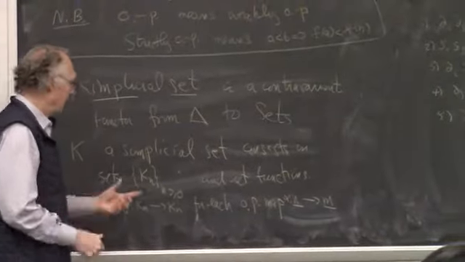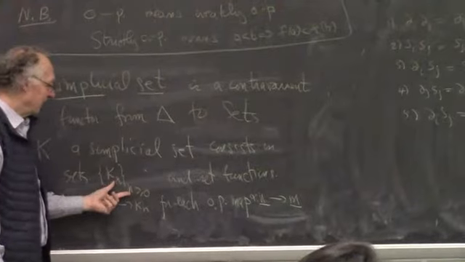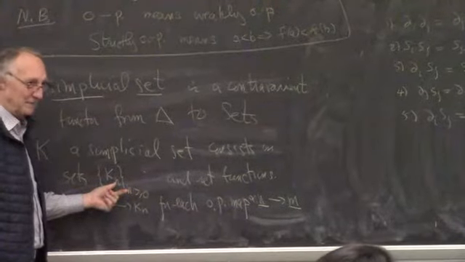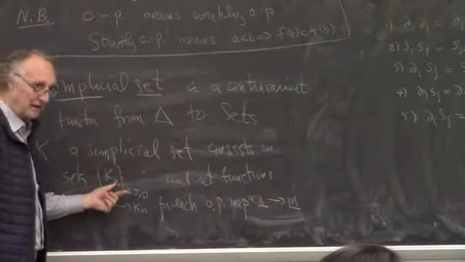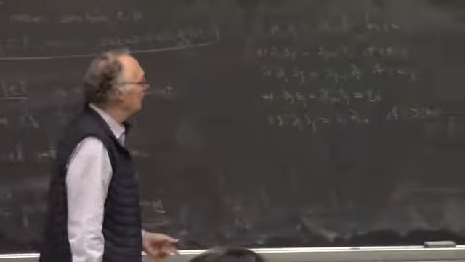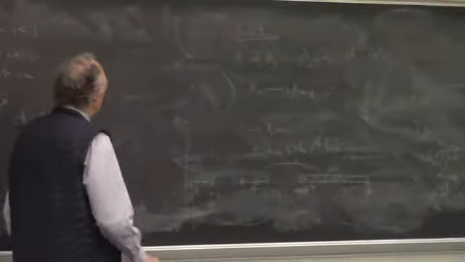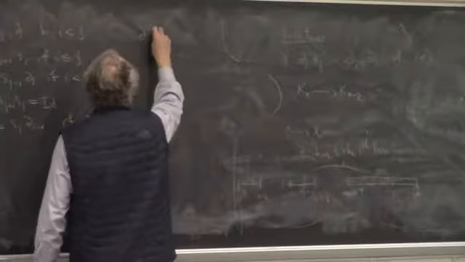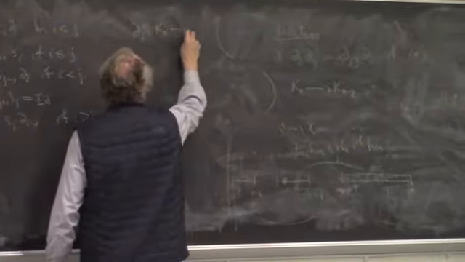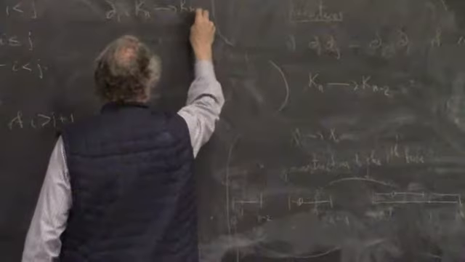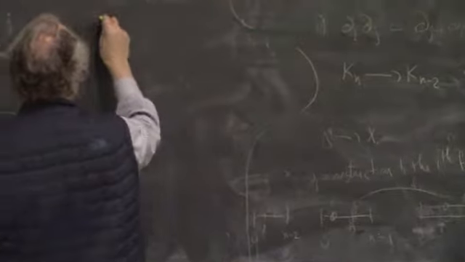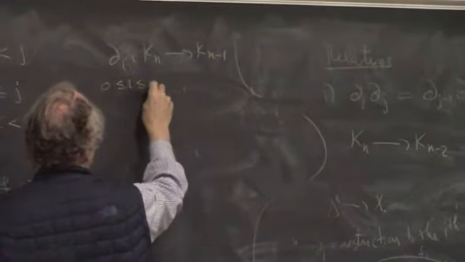Okay. So to define a simplicial set, you have to give a collection of sets indexed by the non-negative integers, the Kn, and you have to give maps boundary i from Kn to Kn minus 1, for 0 less than or equal i less than or equal n.